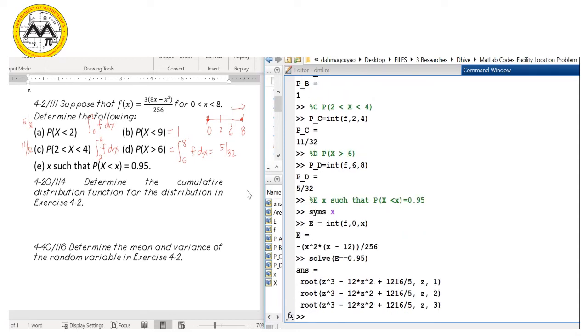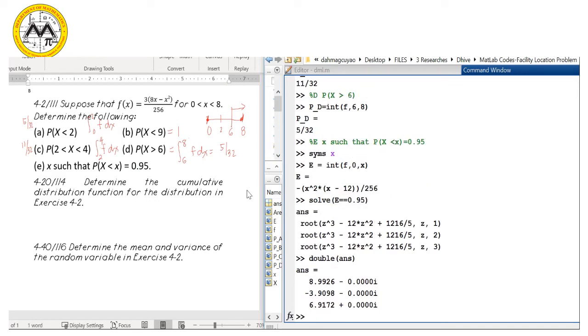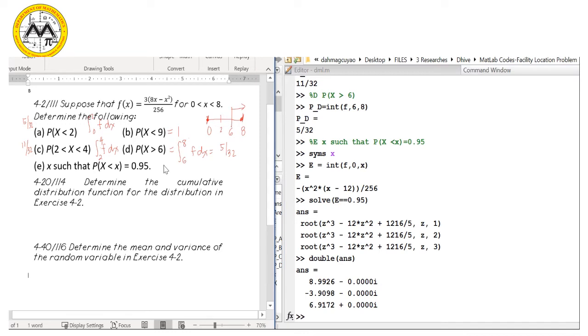There are three possible answers, so let's have it in terms of decimal. So we have 8.99, negative 3.91, and 6.9172. For this one, we are going to use a value that is between 0 and 8 because the function only exists from 0 to 8. So therefore, we use this one, 6.9172.